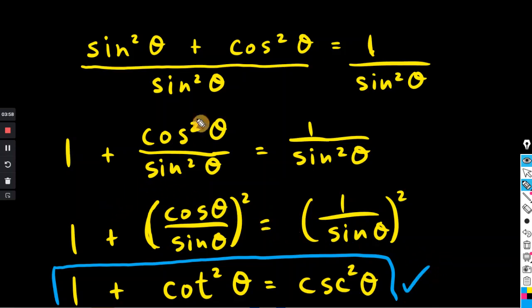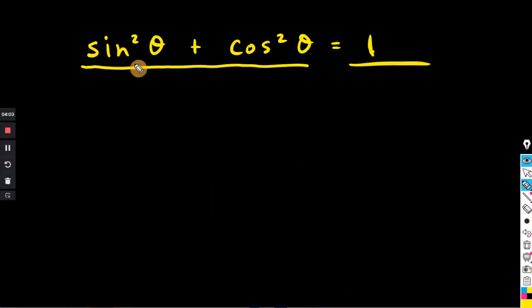All right, we're going to do one more, but now we're going to divide by the cosine squared of theta. All right, so instead of dividing both sides by the sine squared, now we're going to divide both sides by the cosine squared of theta. All right, so these are both over a common denominator.